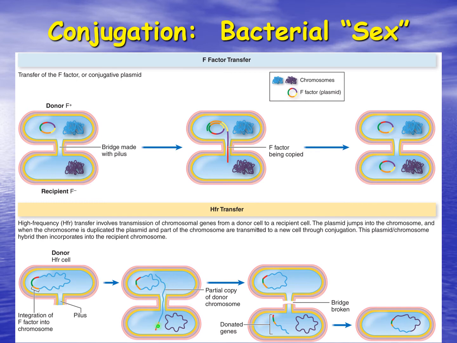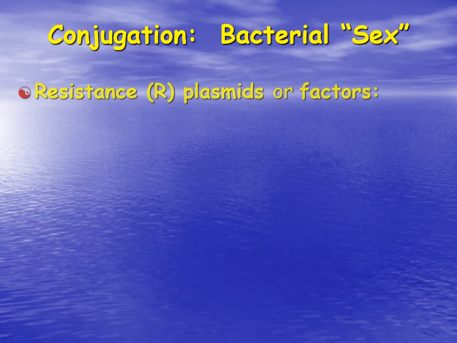That will be transferred through the pilus to the recipient cell. Because we did not get all of the fertility factor, this recipient cell remains an F minus cell, so it can't form a pilus. But what it now has is some of the DNA from the original donor cell that was not present before.